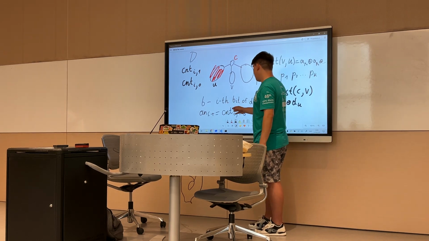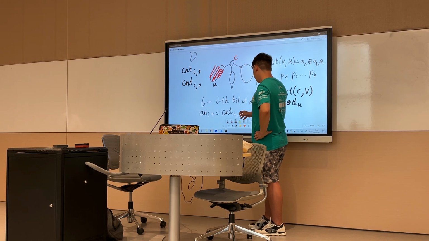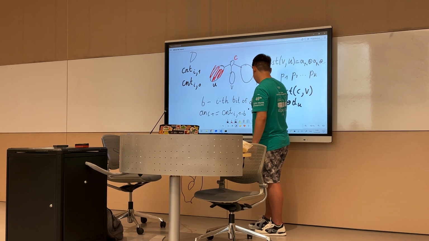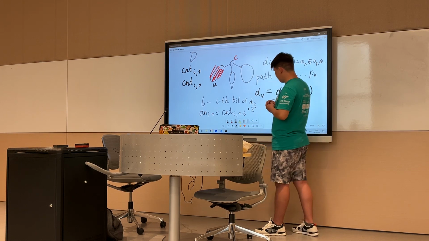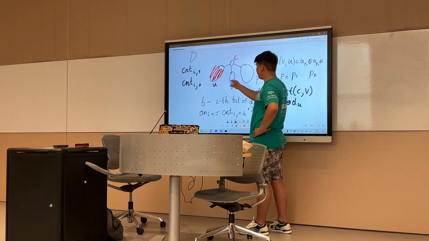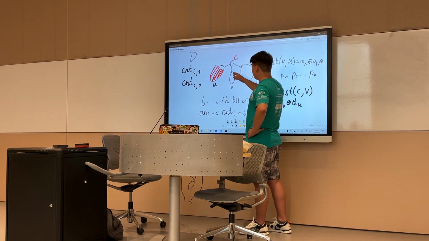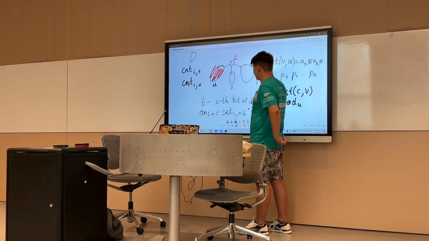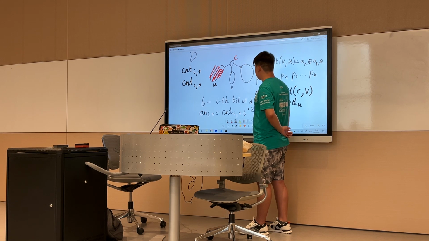And we just need to add to the answer cnt[i][1 minus b] multiplied by 2 to the power of i. Okay, after we calculate the answer for the second subtree, we just add every value to the cnt arrays and do that for the third subtree and the next subtrees.